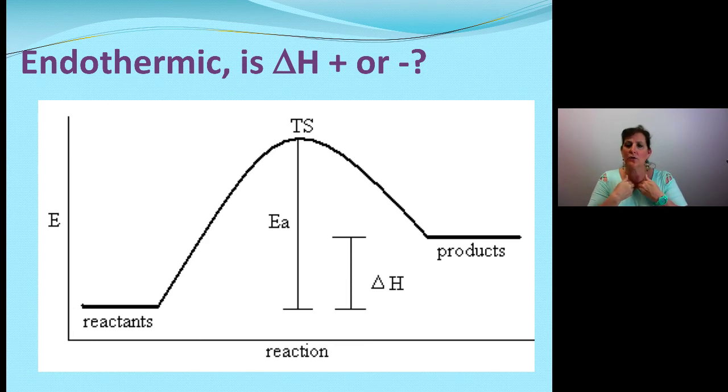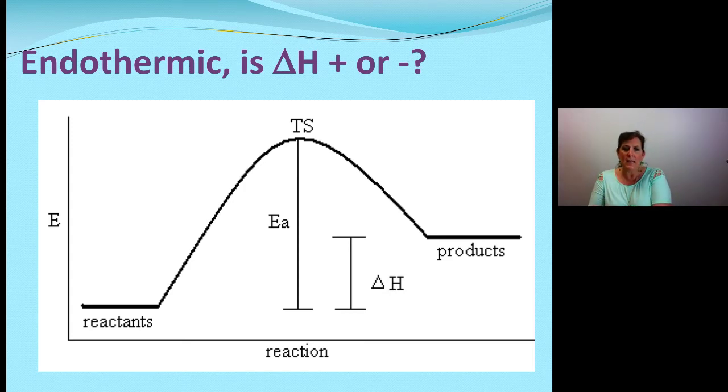The heat enters the reaction. Our transition state is still the high point of that mountain, and our activation energy is the height of the hill. The difference between reactants and products is the change in heat energy. So everything else stays the same. The only difference is reactants are lower than products.